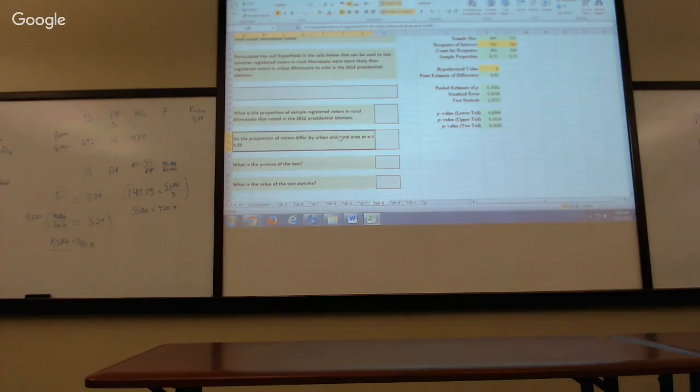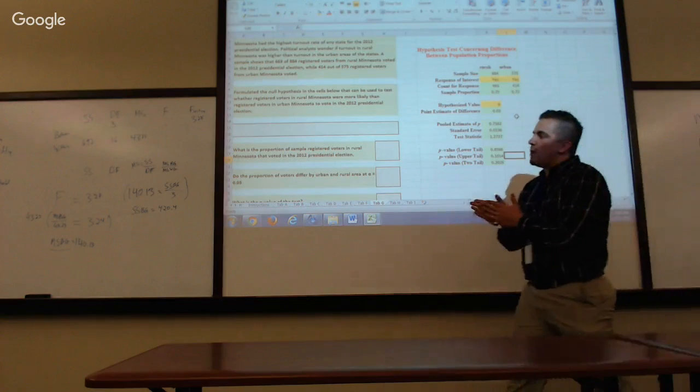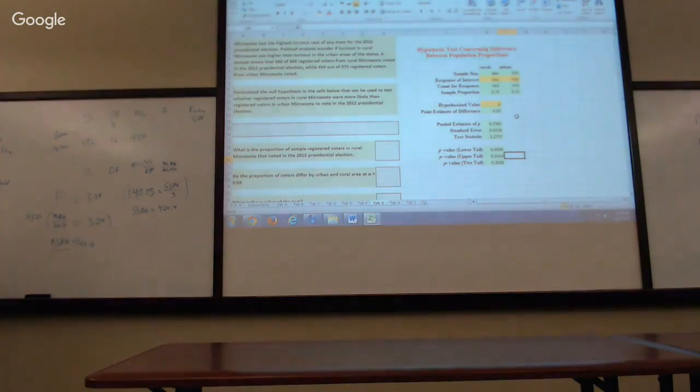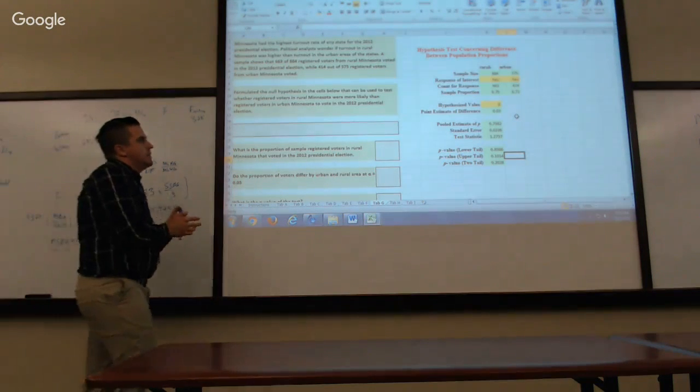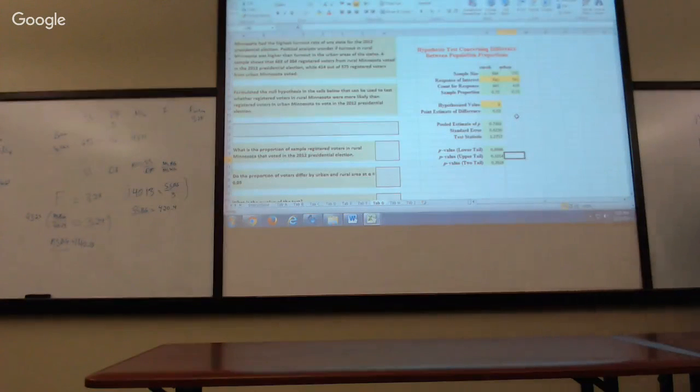So, do the proportion of voters differ between urban and non-urban at an alpha value of 0.05? We did a one-tailed test, which is an upper tail test. So if we look at our upper tail p-value, it is 0.1014.